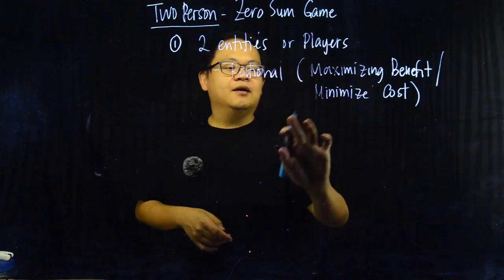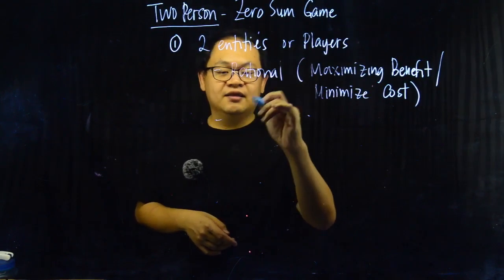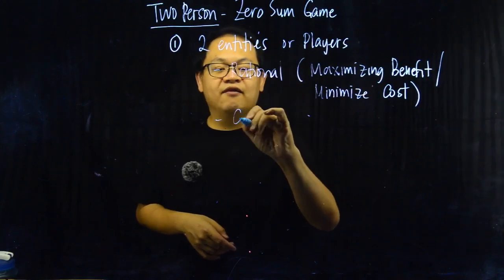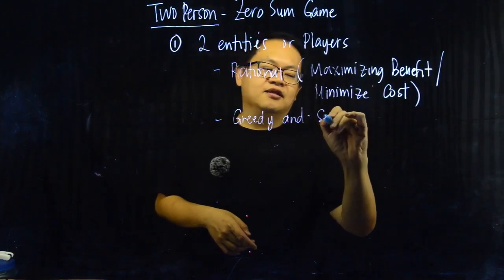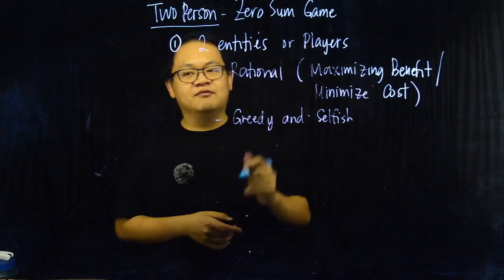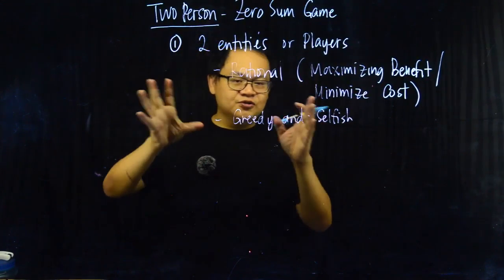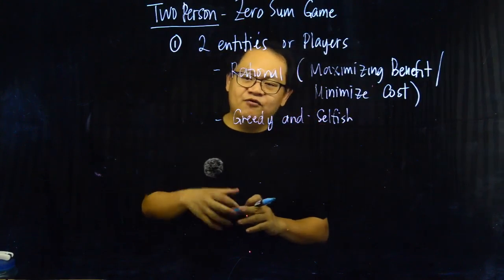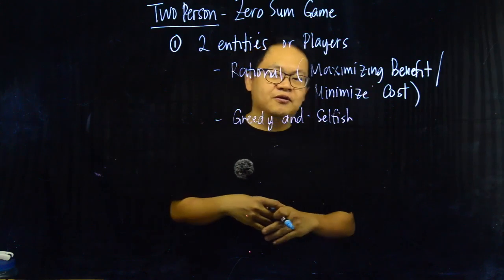Okay, the other assumption of these two entities is that they have to be greedy and selfish. I think this supports the first assumption of being rational, because let's assume you have two options, option A and option B, and if you choose option A, you'll earn 50, and if you choose option B, you'll earn 30.